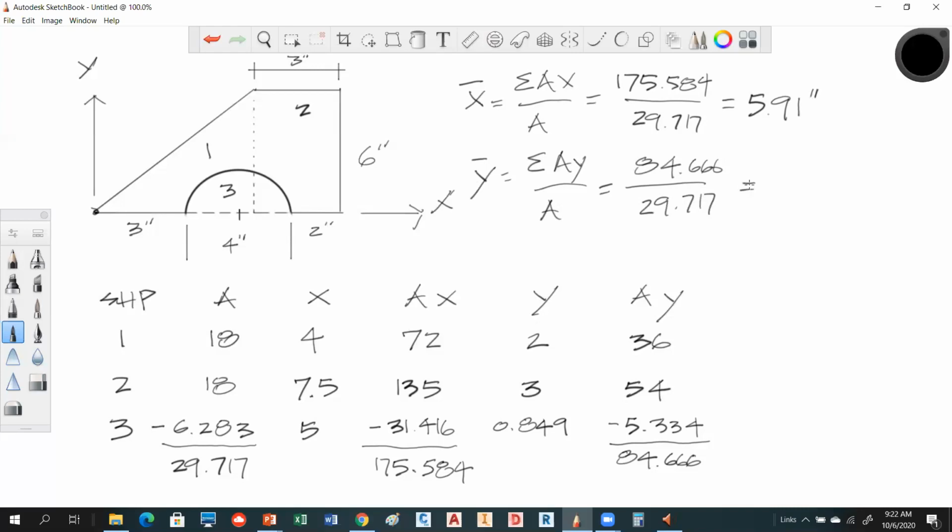So that's going to give us, let me check my numbers, looks like 2.85. I'm just rounding to 2, so okay. Does everybody agree with that?